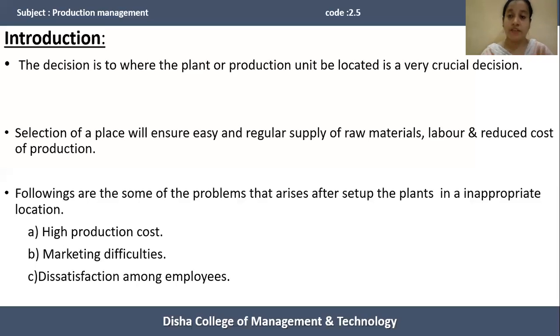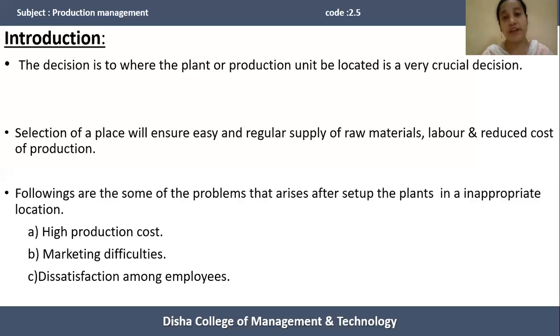Next problem the industrialist will face if the location of the plant is inappropriate. That is dissatisfaction among employees. If the industrialist is not able to identify an ideal location, then that creates dissatisfaction among employees. Because if the industry is situated in a remote area, the employees are not able to get various facilities, very basic facilities like health facilities, and they are not able to find a proper educational system.